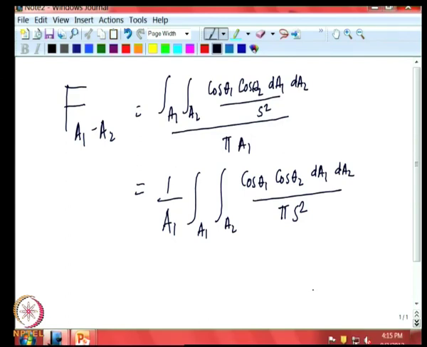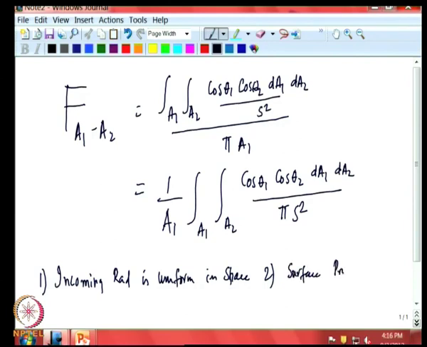This is a very useful quantity to have, but remember it is useful only if the incoming radiation is uniform in space, and secondly, surface properties like emissivity and reflectivity are invariant in space.